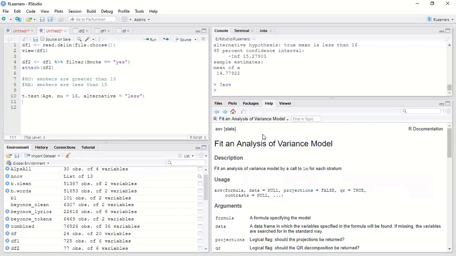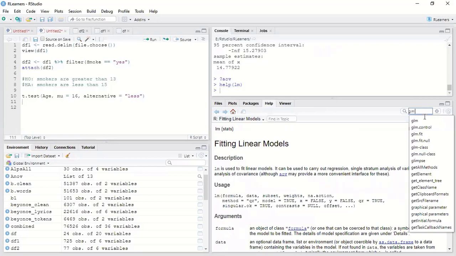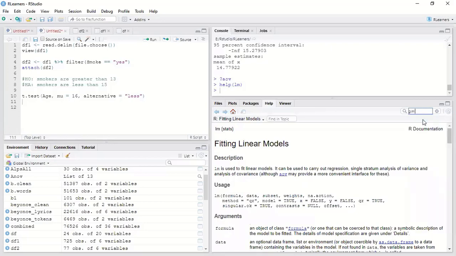And then you can also use help and say, I want to know about lm, that is linear models, enter. Then it gives you the same, fitting linear models. So you can use a question mark or help, or you can go under Help and search whatever you want to do. Maybe you want to search glm, generalized linear models.